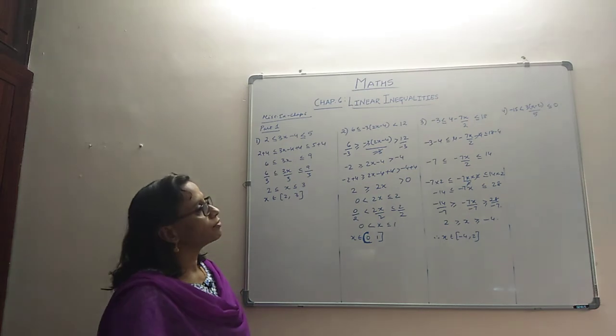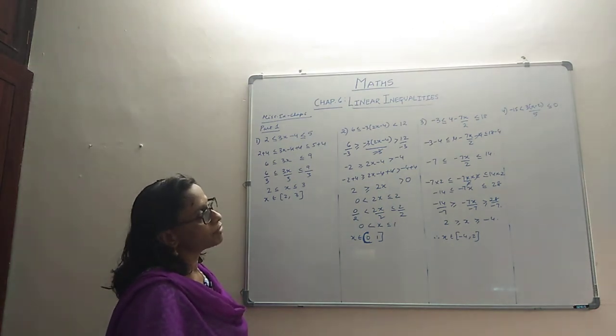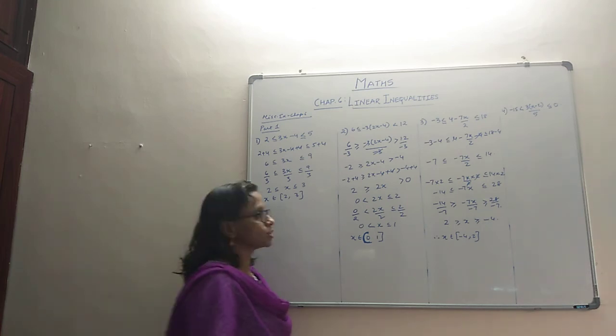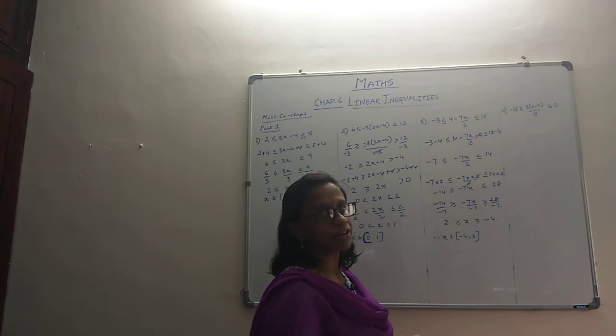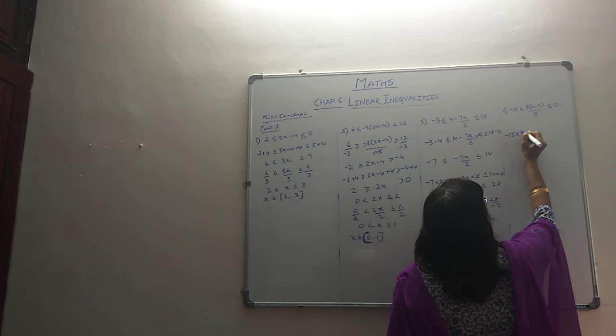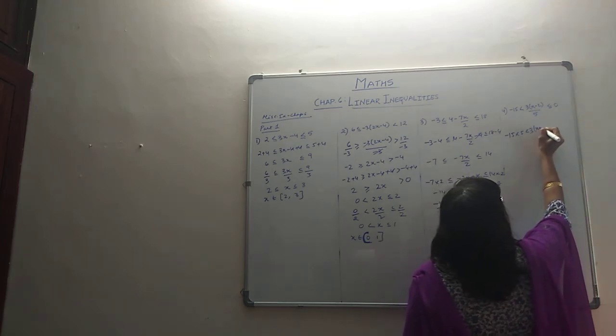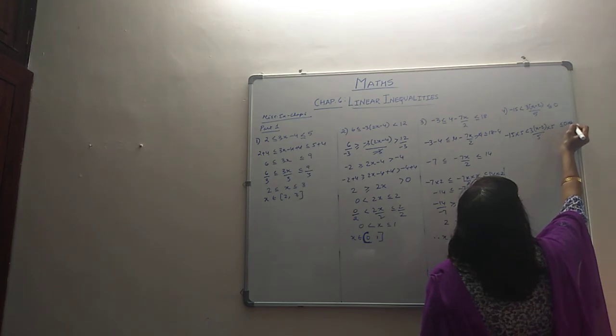Next question. Minus 15 is strictly less than 3 times x minus 2 by 5, which is less than or equal to 0. So first we will eliminate the 5, multiplying 5 everywhere. So you will have minus 15 into 5, strictly less than 0 into 5.